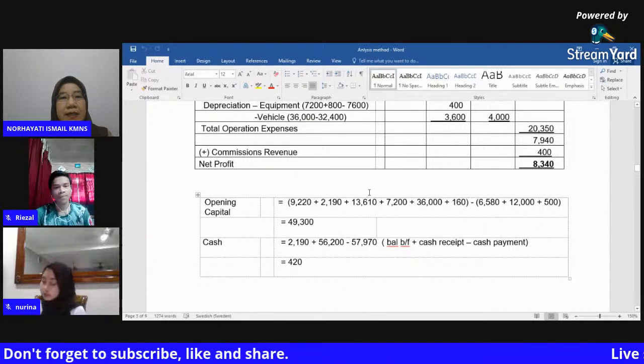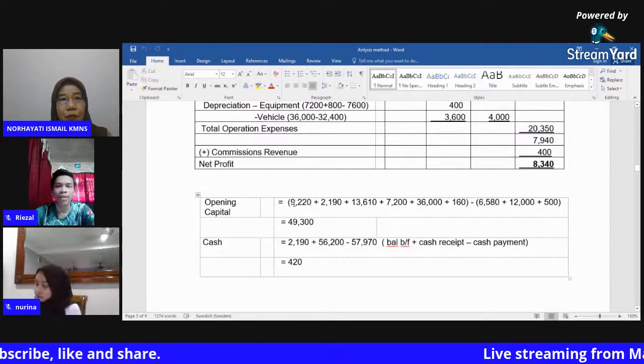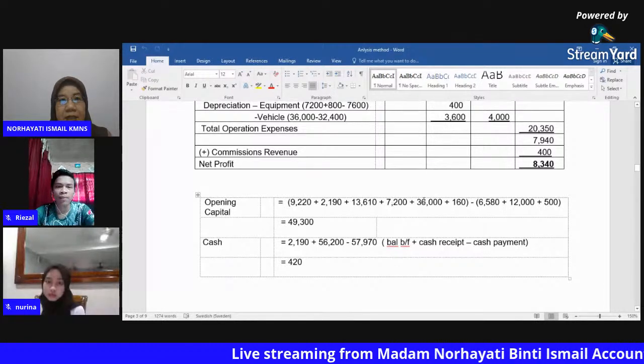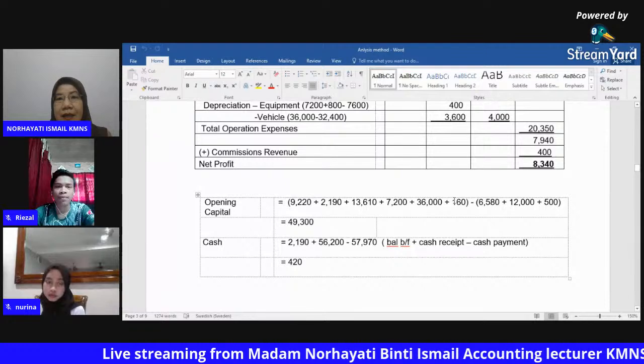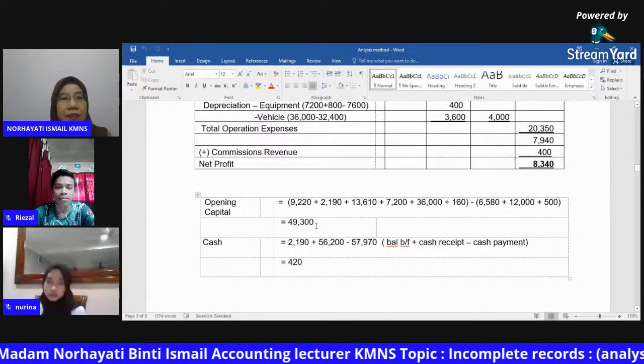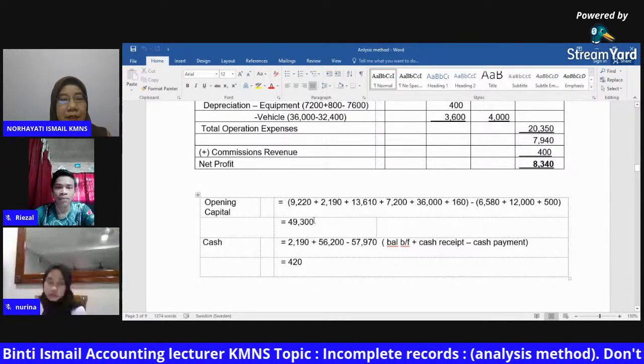So this is the list of assets: 1, 2, 3, 4, 5, 6. Six assets and then there are 3 liabilities.